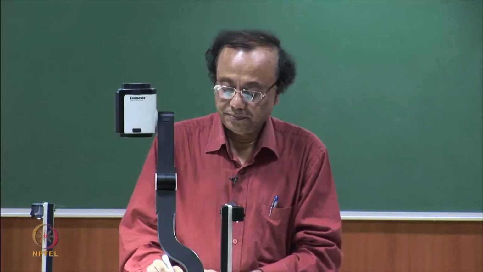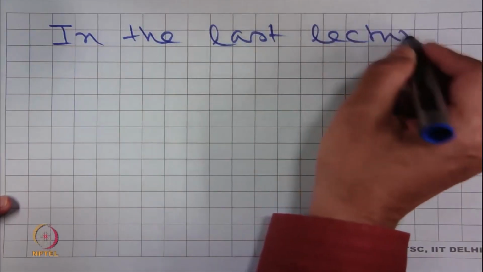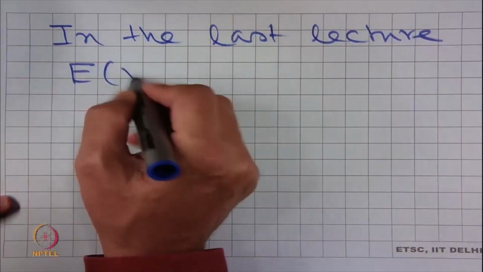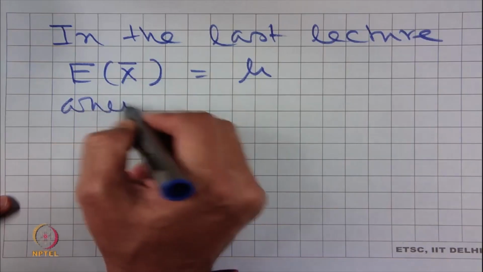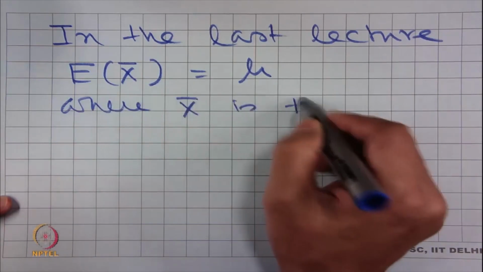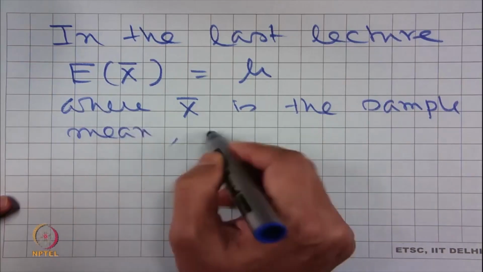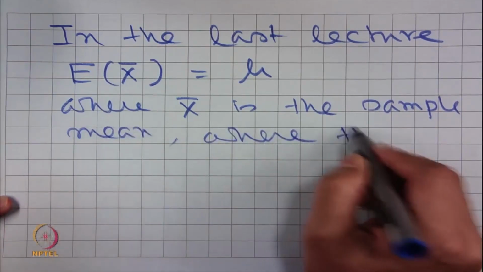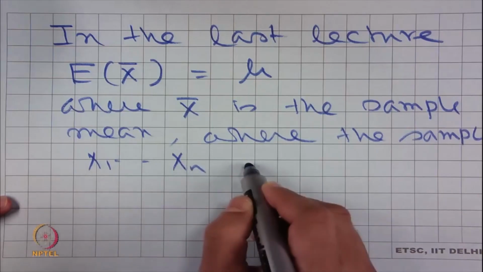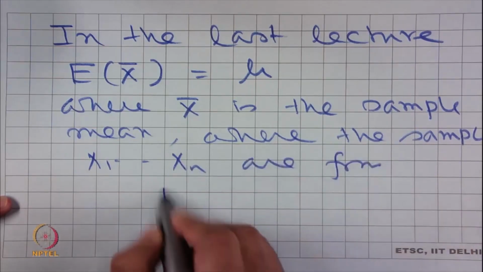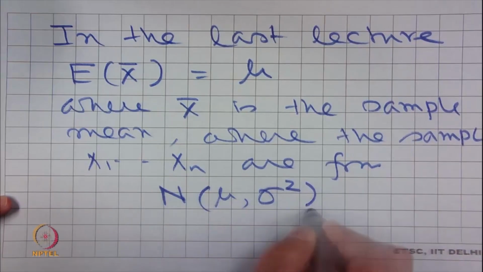In the last lecture, we found that expectation of x bar is equal to mu, where x bar is the sample mean, where the sample x 1 up to x n are from normal mu, sigma square.